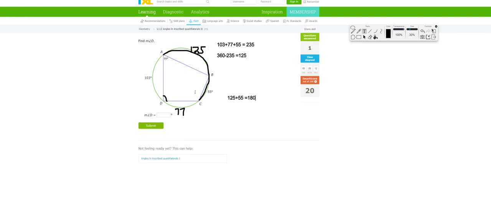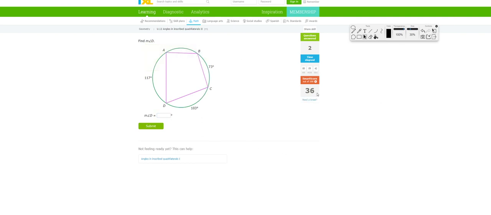So if the whole arc from here all the way to here is 180 degrees, then the way I'm going to find angle D, which goes with this arc, is to divide 180 by 2. So the measurement of angle D is 90 degrees. Boom. There we go.